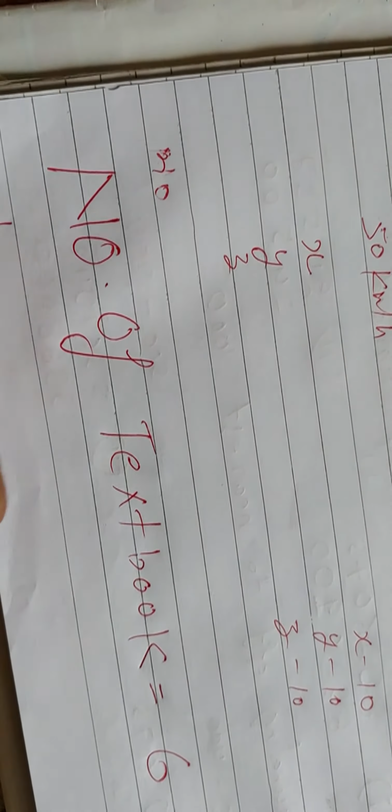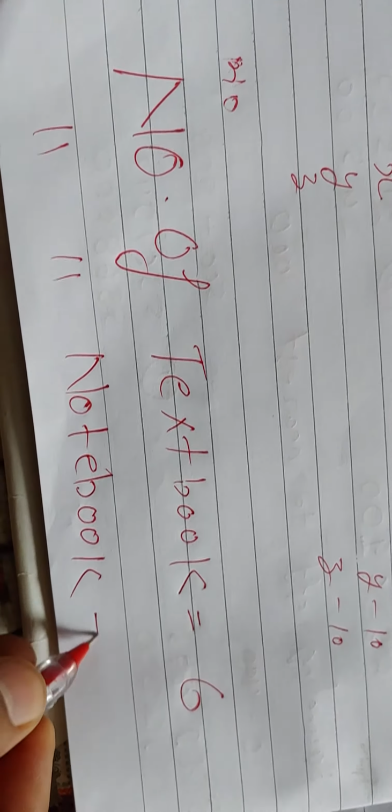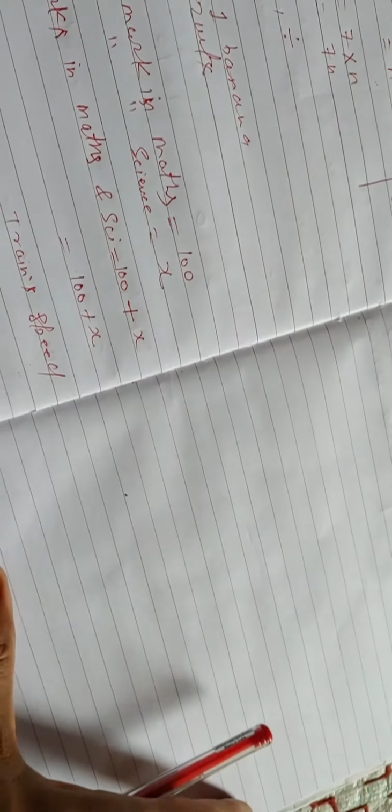Similarly, the number of notebooks was 7. And what are the respective prices? For the case of notebook, the price was X rupees.